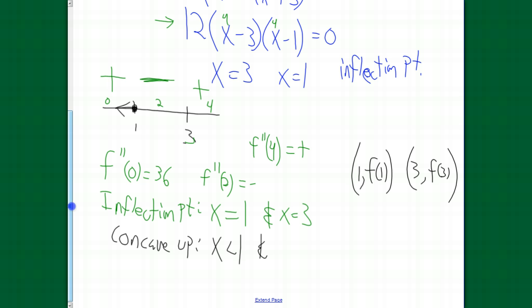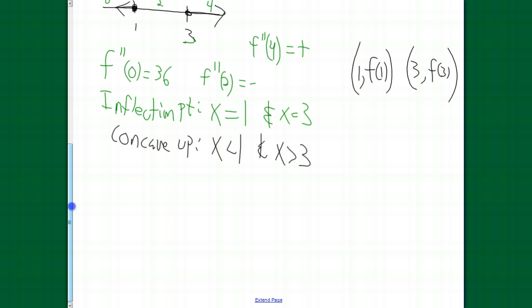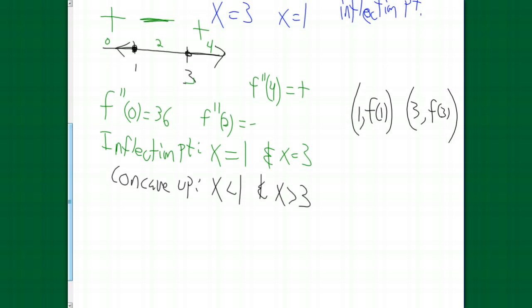And we also have this interval starting at 3 going more positive, so x value is greater than 3. And the last one is concave down. That happens when the second derivative is negative. That's this space in between 1 and 3. So x value is greater than 1, less than 3.